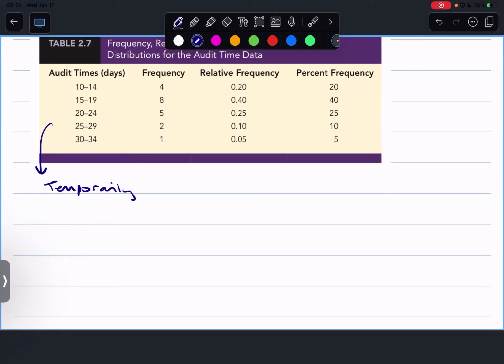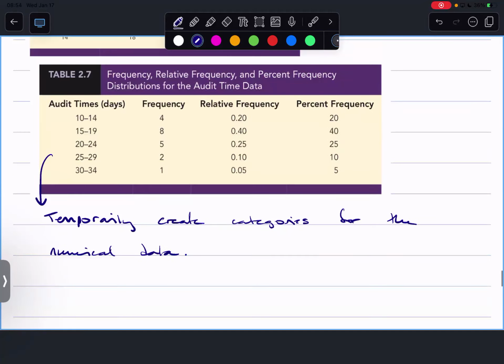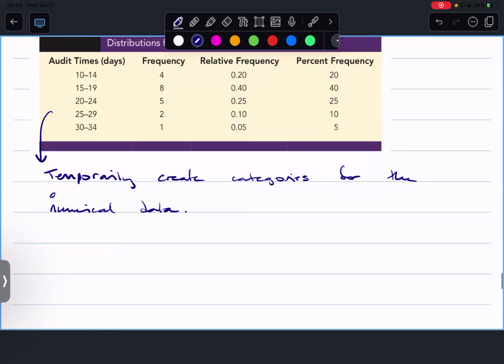You can't go from categories back to numerical, but you can go from numerical data to categories. As long as you've kept the original data behind the scenes, we can temporarily create categories for the numerical data. Oh gosh, quantitative. Old habits are hard to break.